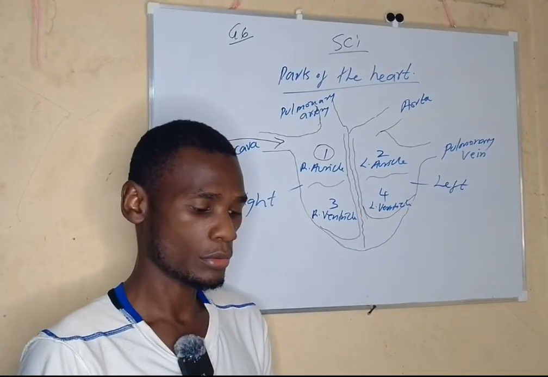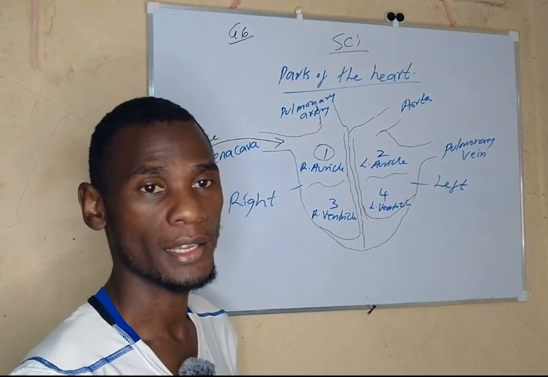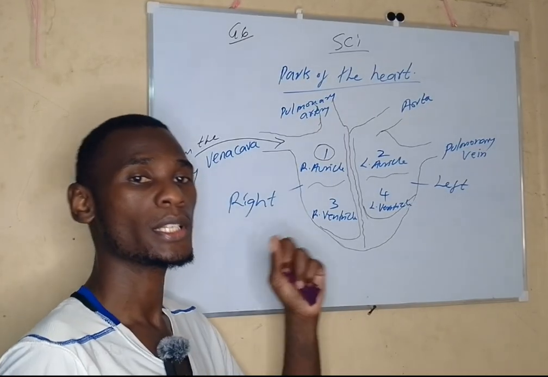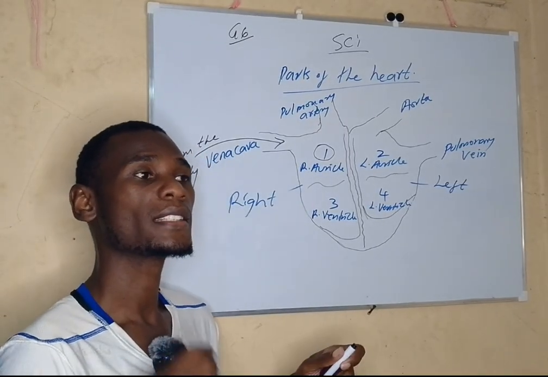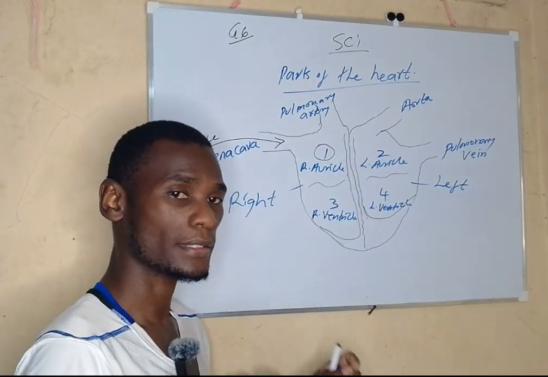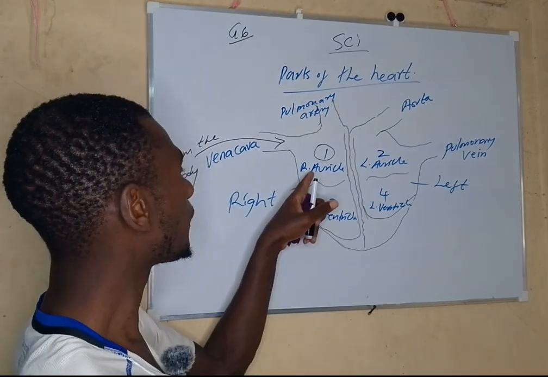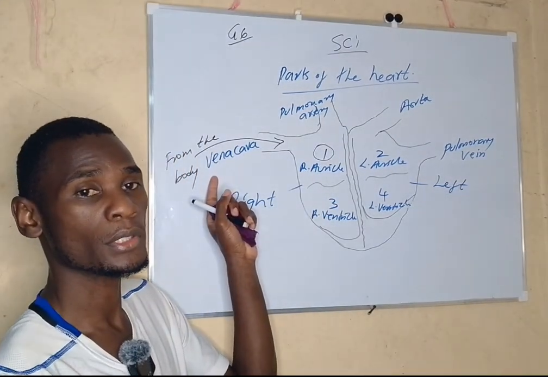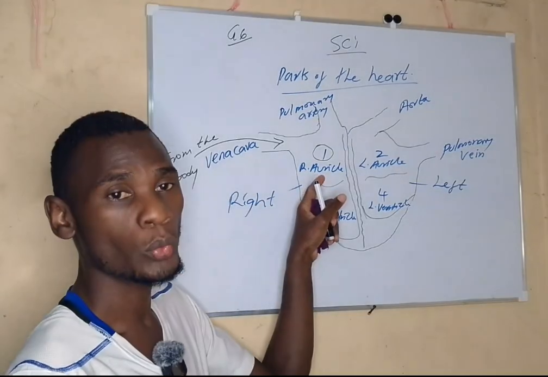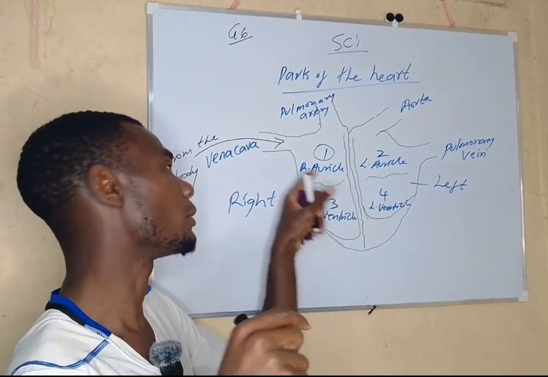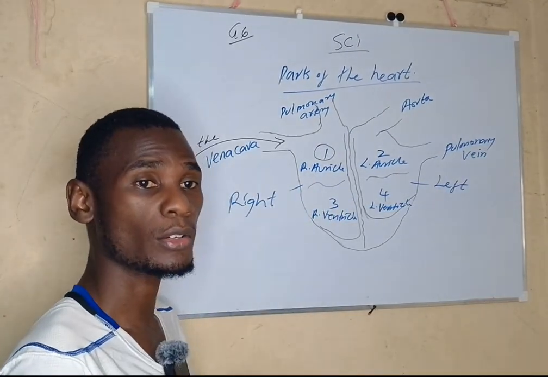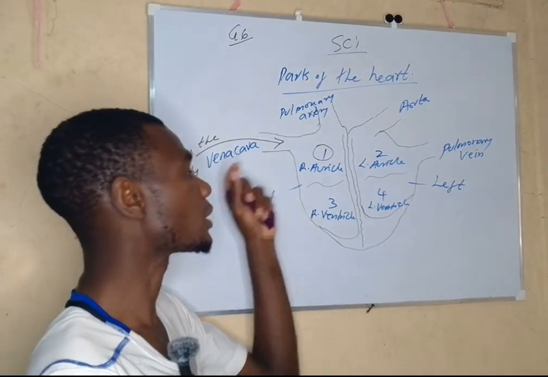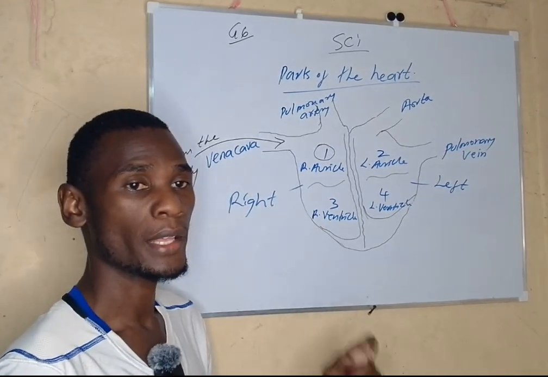Because there are two, one is receiving blood from the body, another one is receiving blood from the lungs. Because vena cava brings blood from the body, the right auricle will receive blood from the body. That is the work of the right auricle.